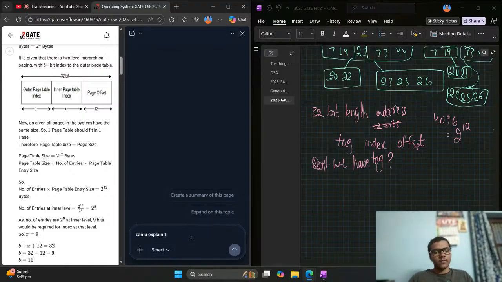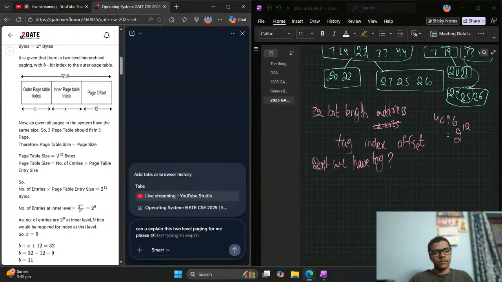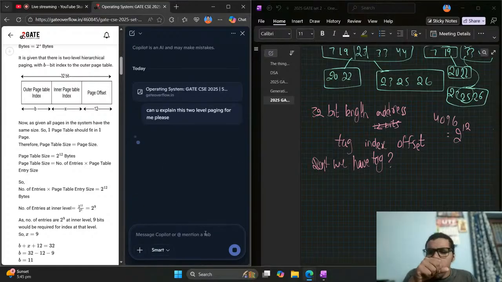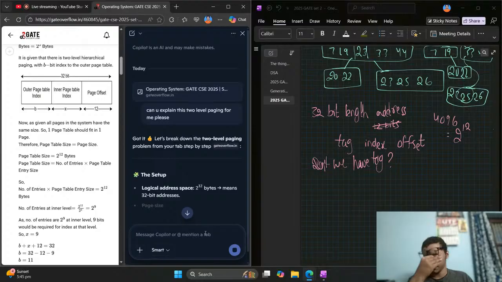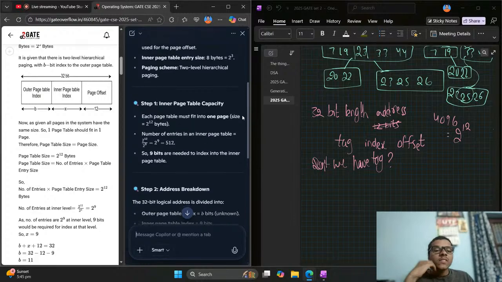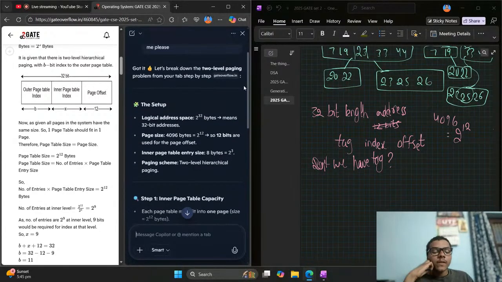Okay, 32-bit address. 12 bits are used for page offset.